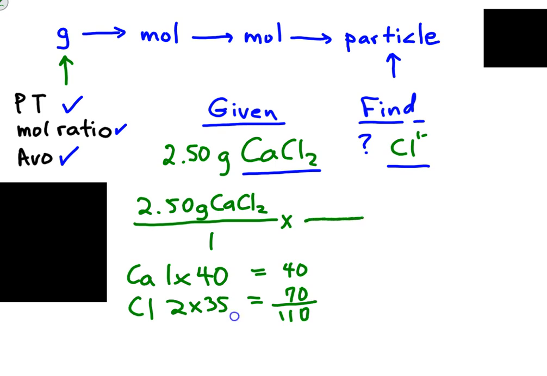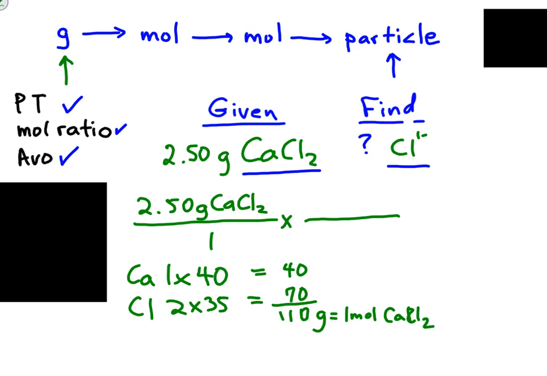So this is my periodic table step. What has to go on the bottom? Grams or moles? Grams. Okay, so this is the grams down here that equals 1 mole of calcium chloride, CaCl2.